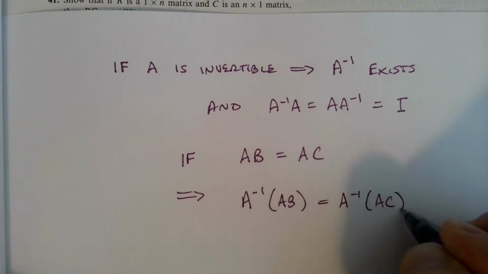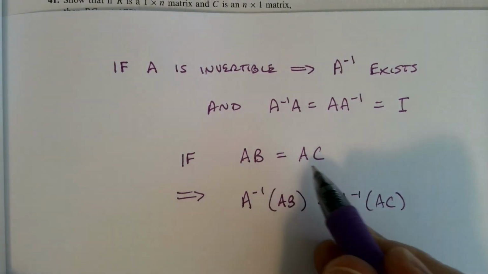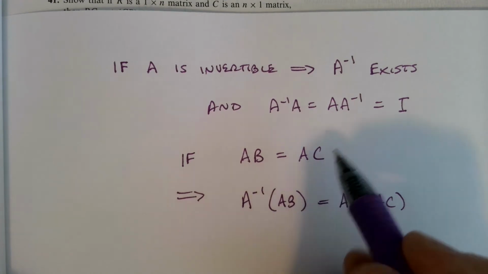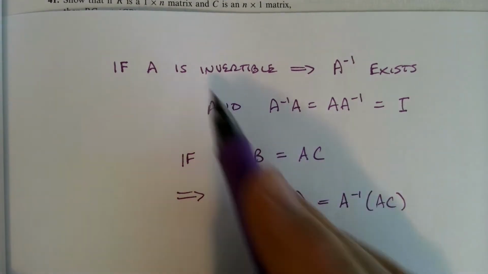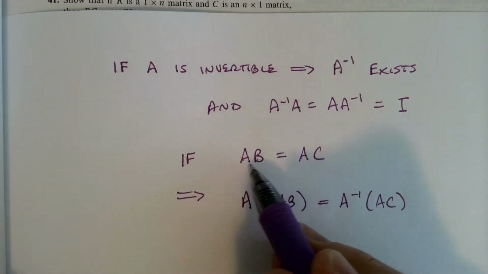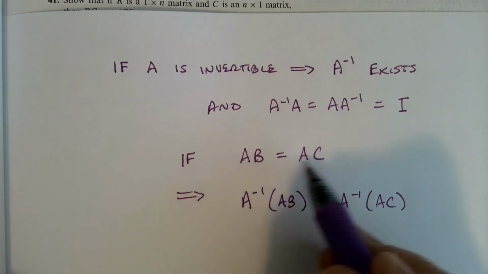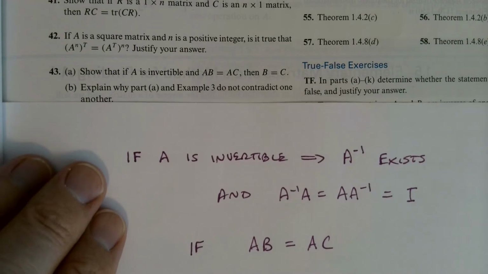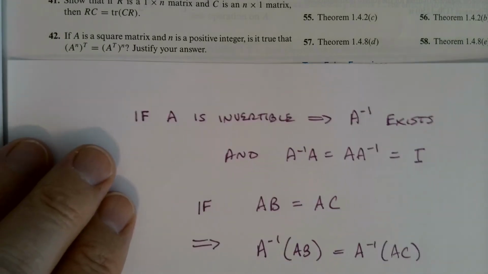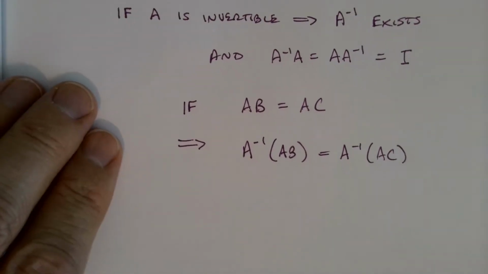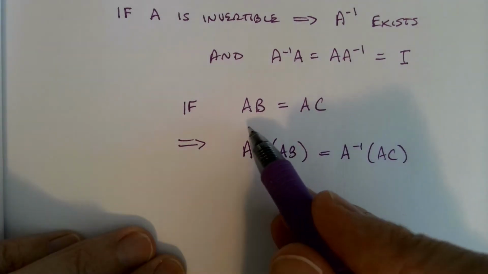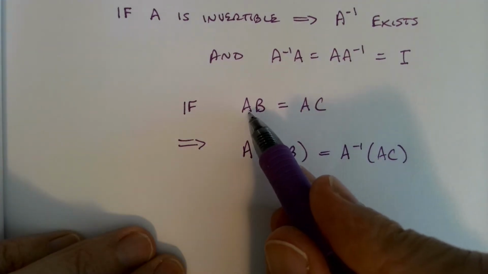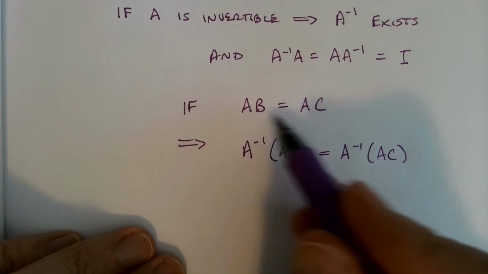Notice because this product AB and this product AC are both defined, and we said A is invertible, so it's a square matrix, then these two products are defined. And so the number of columns on A has to match the number of rows on B and C.